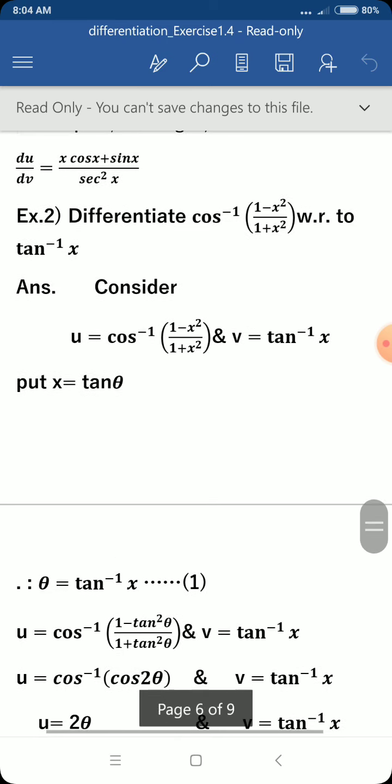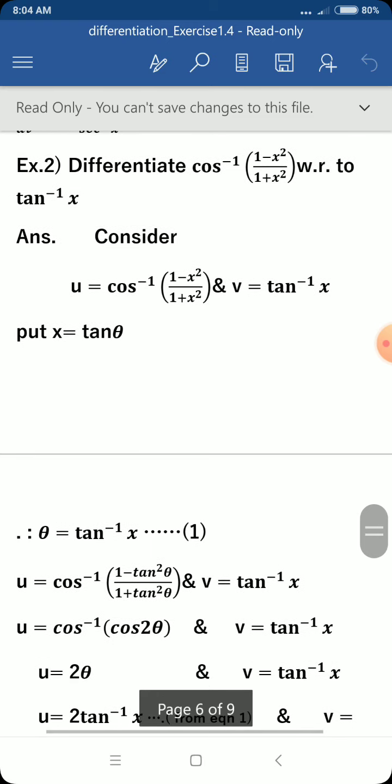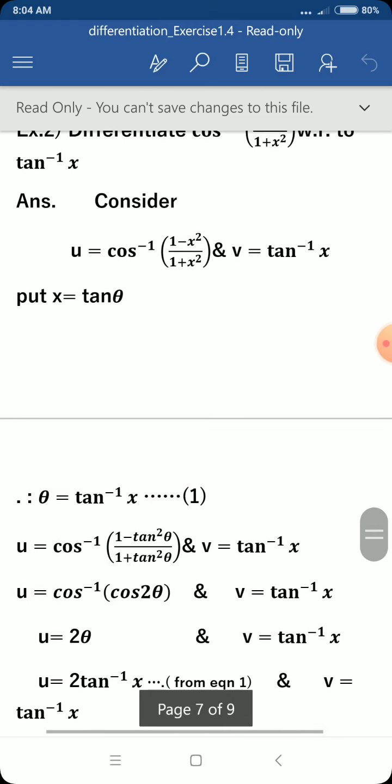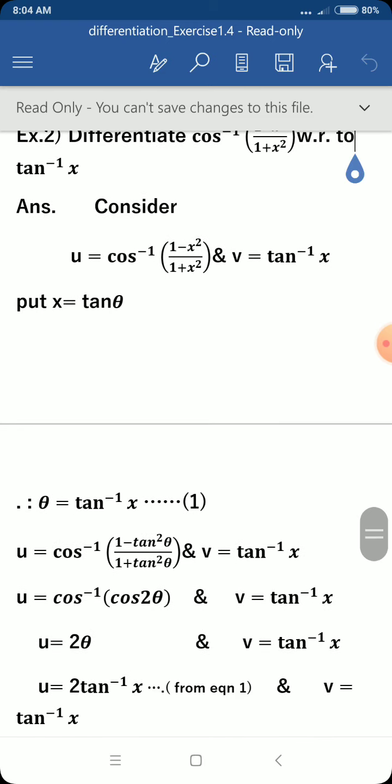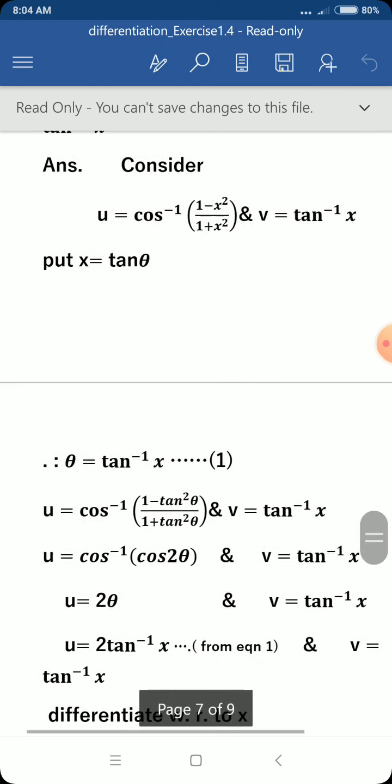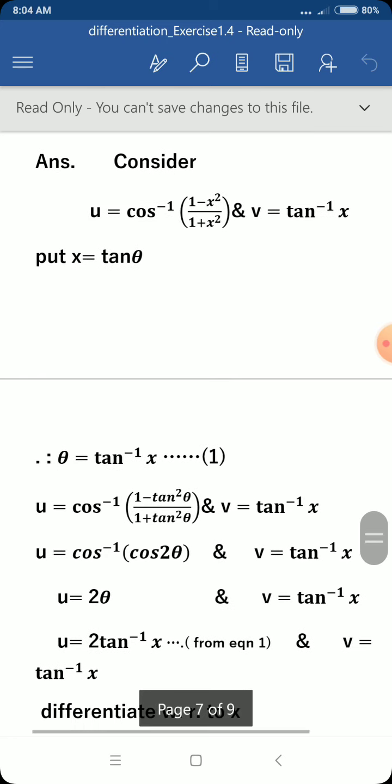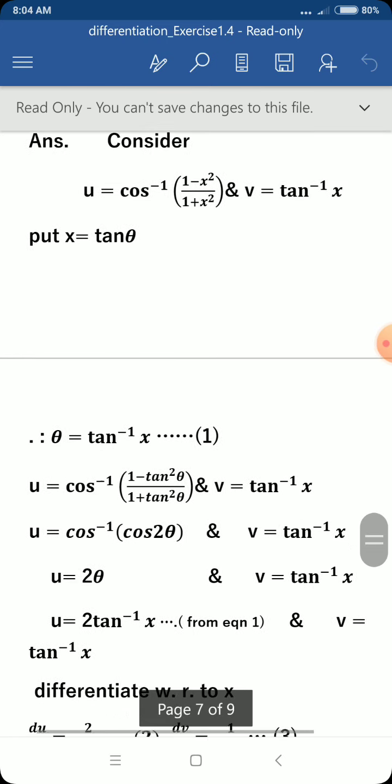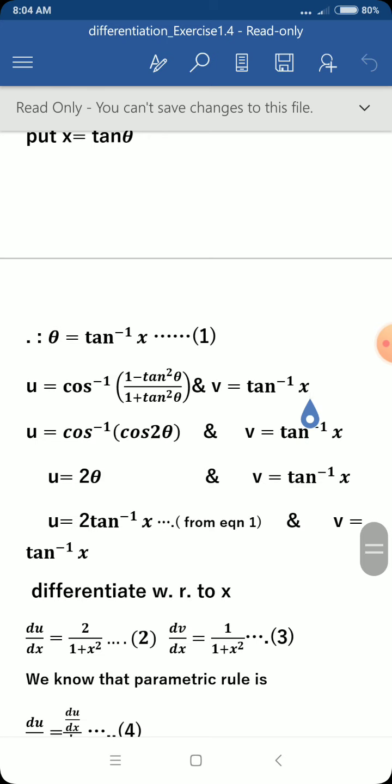Now we have to find the derivative of these two equations. For the first equation, put x equal to tan theta. Therefore, theta is equal to tan inverse of x, which is equation number first. Then we get u equal to cos inverse of 1 minus tan square theta upon 1 plus tan square theta.